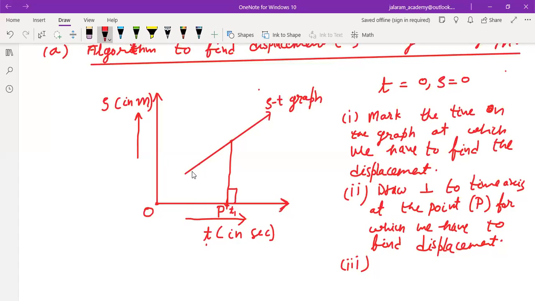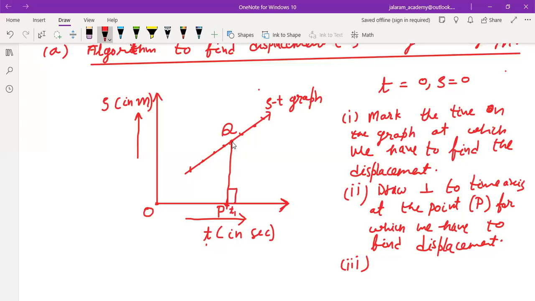For each point, it has different time and different displacement. So the perpendicular at the required point on the time axis will intersect the ST graph at a point. Let us mark it by Q.